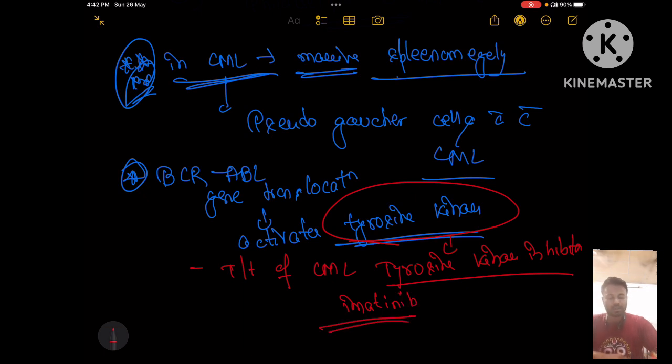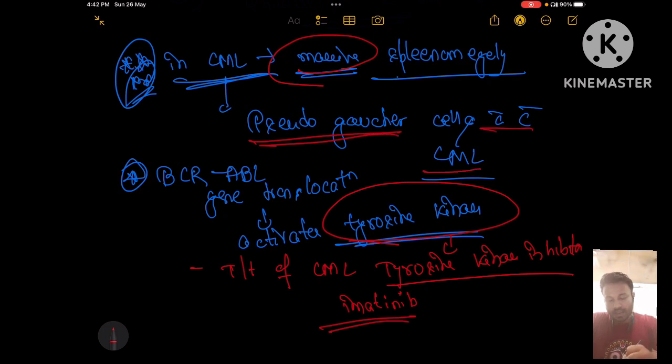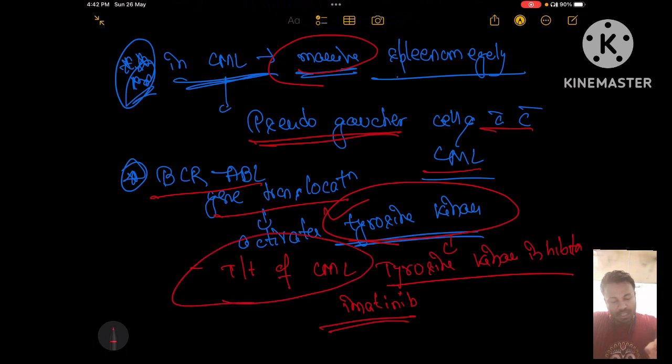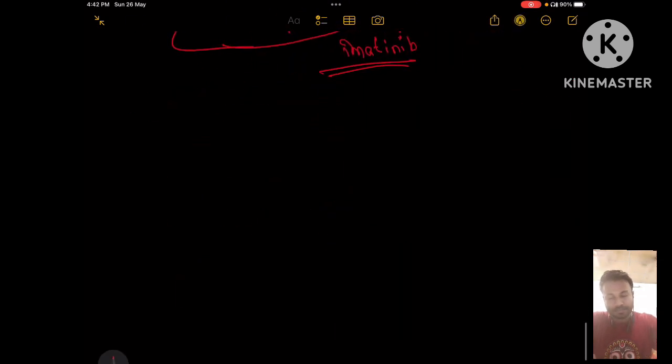Imatinib. So in CML, we can see massive splenomegaly, pseudo-Gaucher cells associated with CML, and BCR-ABL gene translocation activates tyrosine kinase. Treatment of CML, tyrosine kinase inhibitor is imatinib.